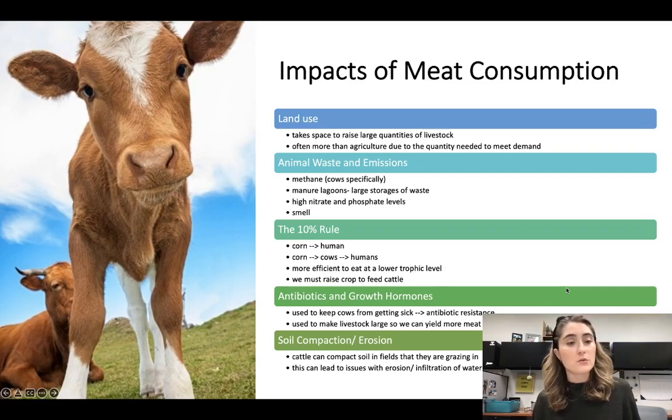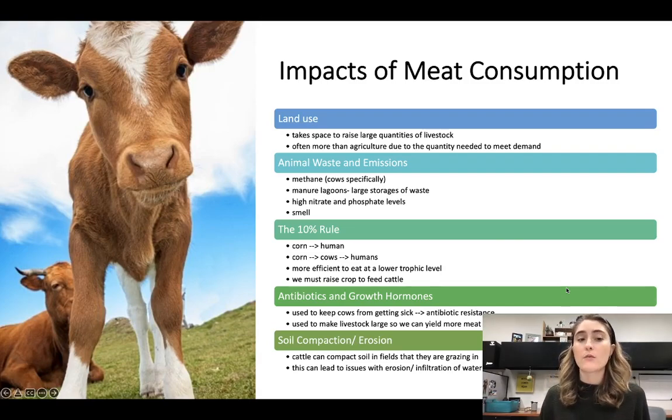And then we also generally give hormones to a lot of our livestock because we want them to be larger, we want them to yield more meat, because that will make us more money. There is still some debate as to whether giving growth hormones to cows can be problematic for human consumption later. It's still something that people discuss. But either way, we're not allowing the cow to naturally grow to its size. We are making it larger much quicker so that it can be sent to market much faster.